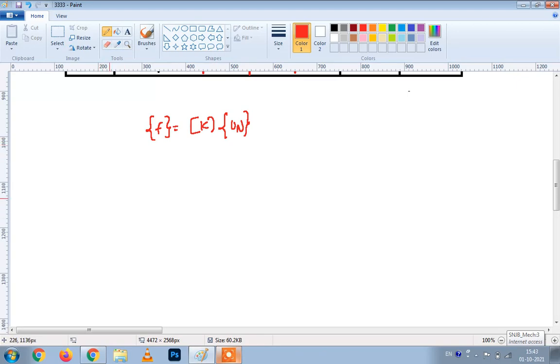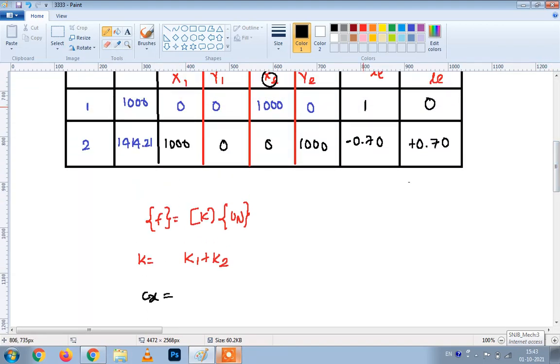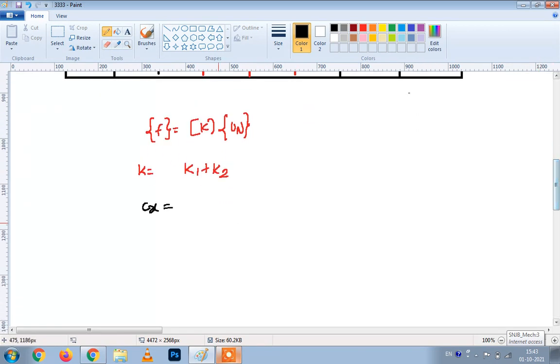First we will find the value of K, which is nothing but K1 plus K2. For element number 1, Cx value is 1 and Cy value is 0. So K1 matrix, how can we write down K1?